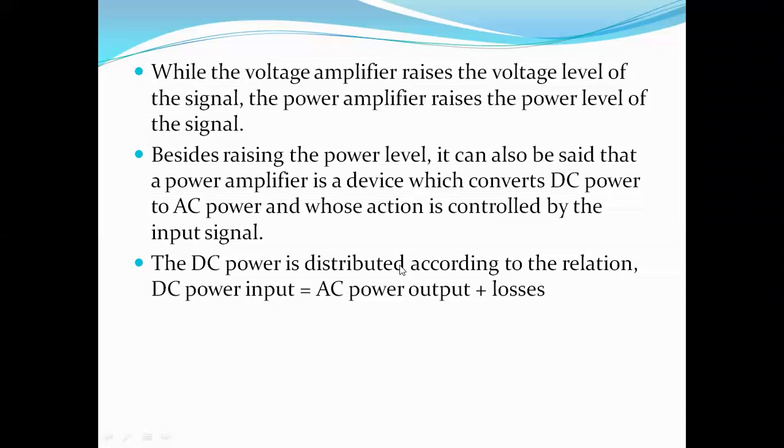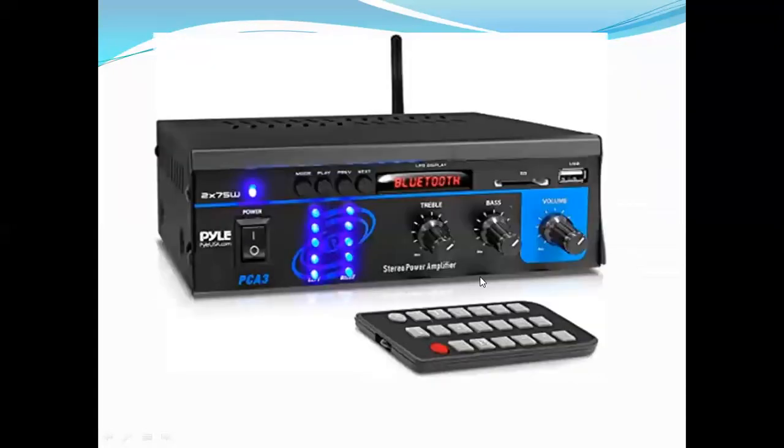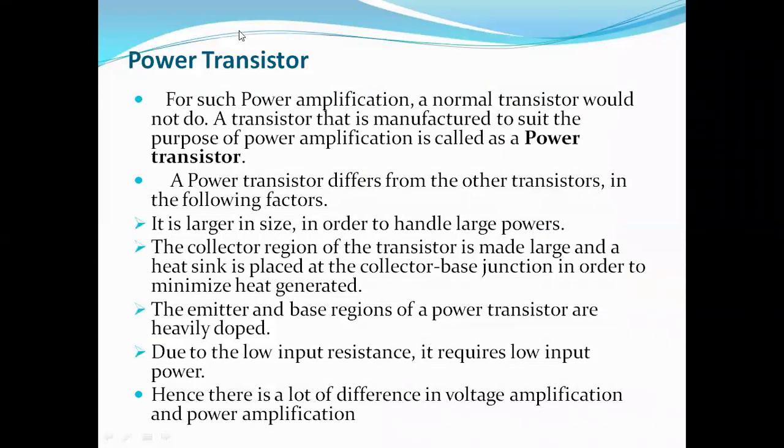Okay. And next, this is the figure of power amplifier. If you are performing some power amplification, we are using some power transistor. For such power amplification, a normal transistor would not be used.